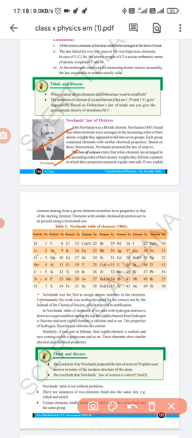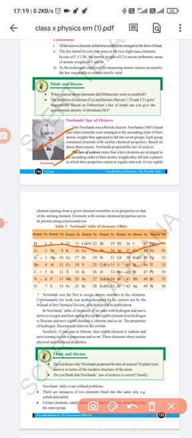It means that every eighth element, starting from the given element, resembles the starting element in its properties. Elements with similar chemical properties are present along a horizontal row. Along this horizontal row, all the elements have similar chemical properties. Do you understand this? Okay.